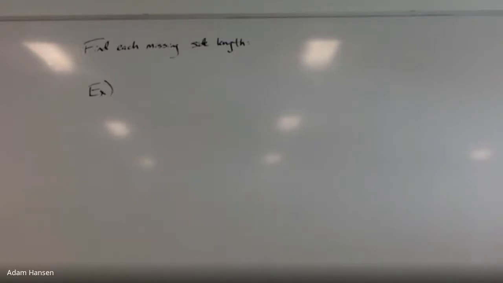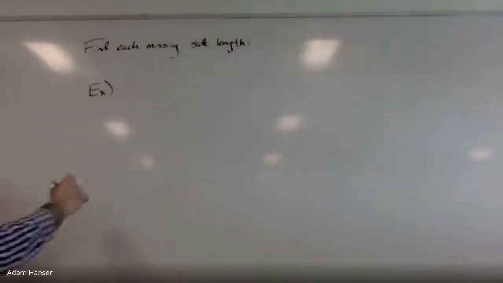Keeping those other two diagrams on the board for our 45-45-90 and 30-60-90 triangles, let's find some missing lengths in these types of triangles.